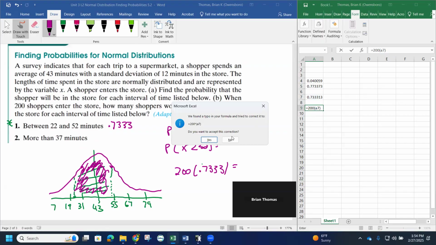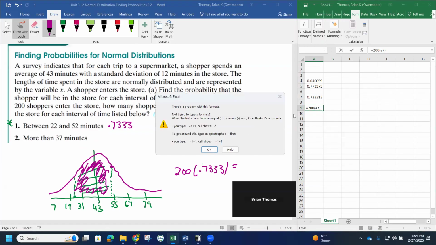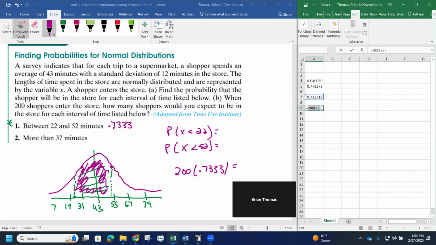Doesn't like that. Okay, for multiplication we have to actually use an asterisk here. So asterisk, and then A7, and it should now multiply that together. So we're thinking there should be around 146.6, or about 147 shoppers in the store between 22 and 52 minutes.